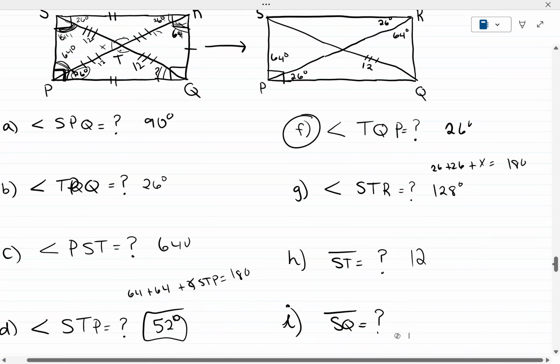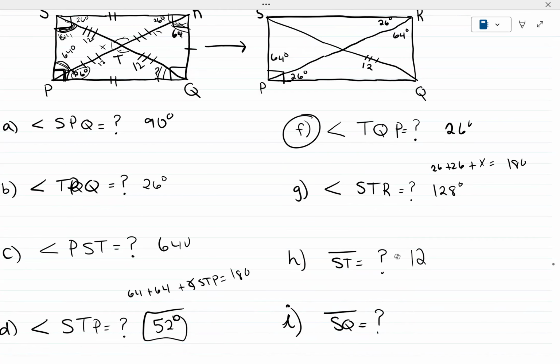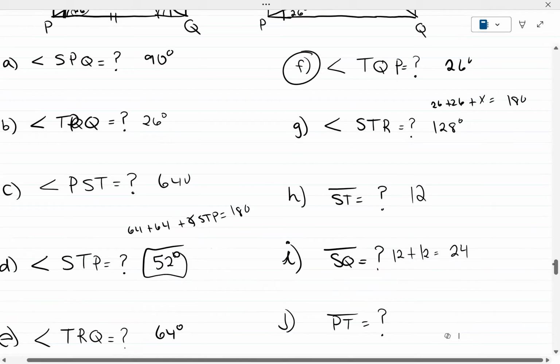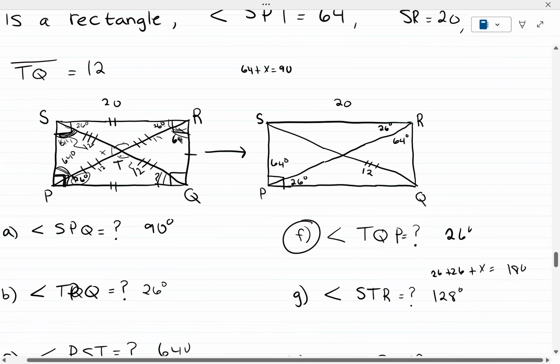Okay, what about letter I, the length of SQ? It's this length plus this length, so that's 12 plus 12, which is 24. Letter J, what is the length of PT? Here's P, here's T. It's also a diagonal, so it should also be 12.